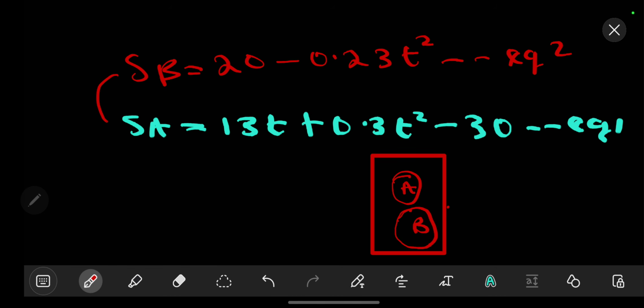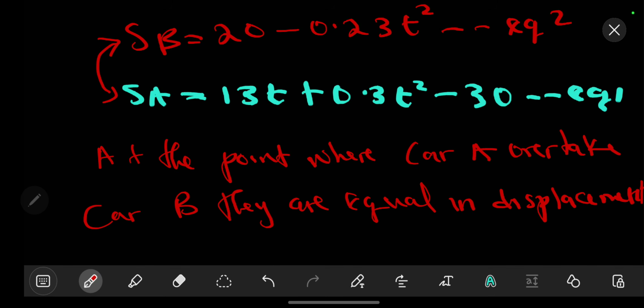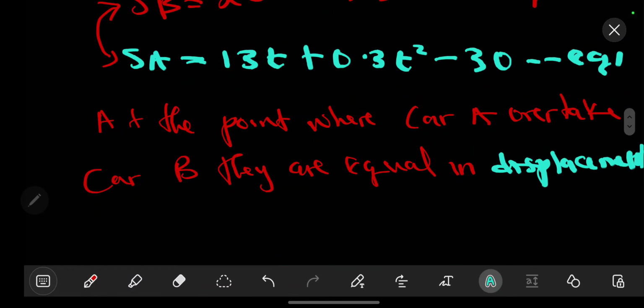So you can equate the displacement of B and the displacement of A at the point where car A overtakes car B. At that point, the displacement happens to be equal. So now we are going to equate them. Our SA should be equal to our SB.